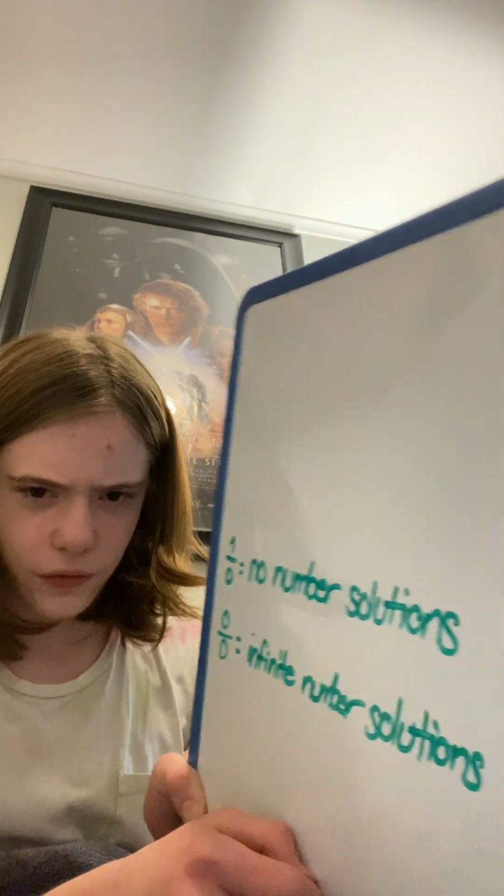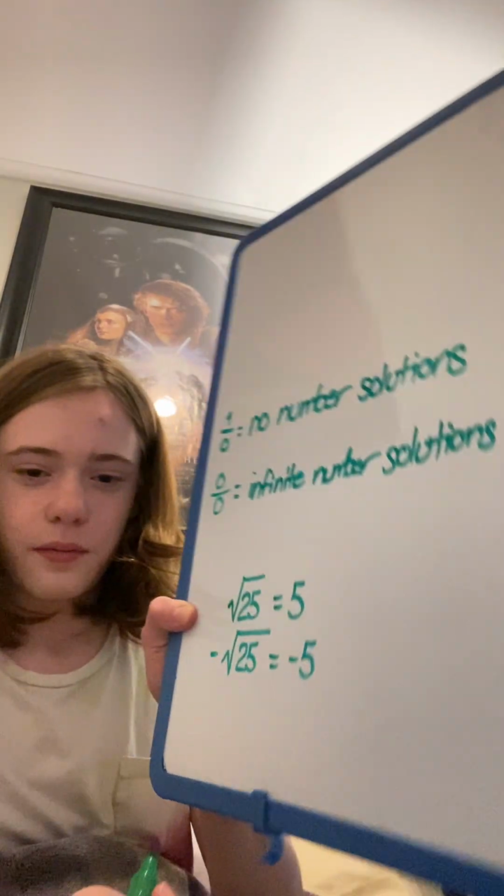Or maybe we can figure out some imaginary number that fits this, like, remember how the square root of 25 is 5, but the negative square root of 25 is negative 5. But the square root of negative 25 is undefined.